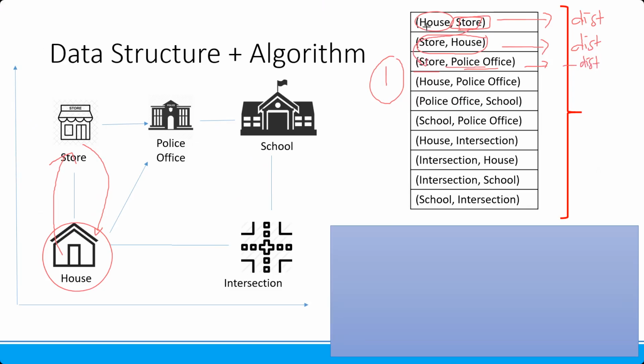So there will be a distance from house to police office. And so on. So we will check one by one until all things. And then after that, we will check what is the distance from house to school. Means we will check every one of those data.